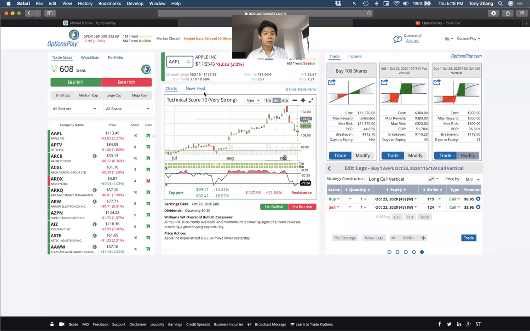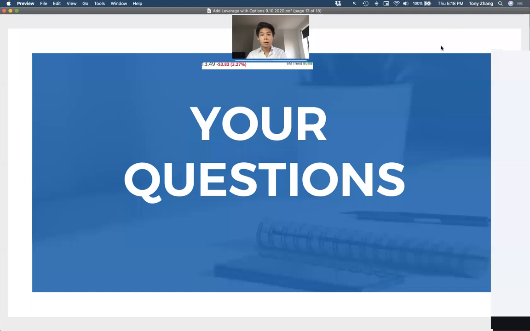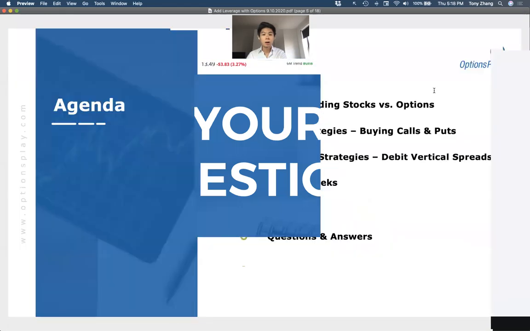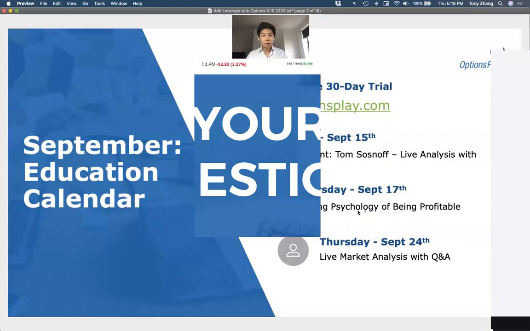What are some ways to save some of the trades that go the wrong way? Stan, this is something that I also talk about heavily, and something I plan on discussing quite a bit in my session next Thursday, Psychology of Being Profitable. What I find a lot of beginners do is spend all this time trying to prevent small losses.